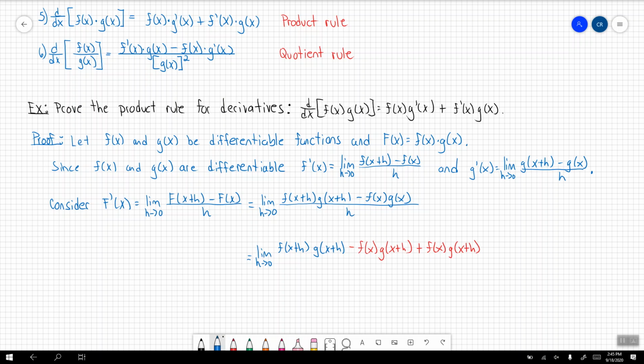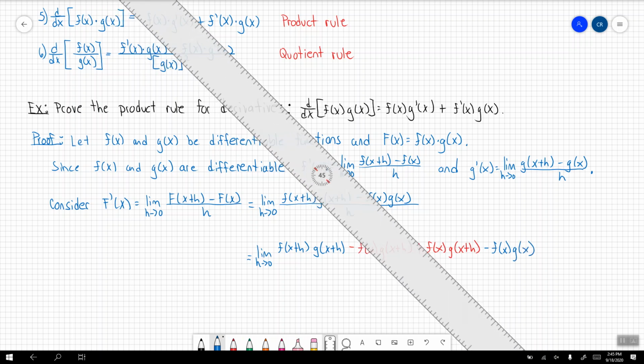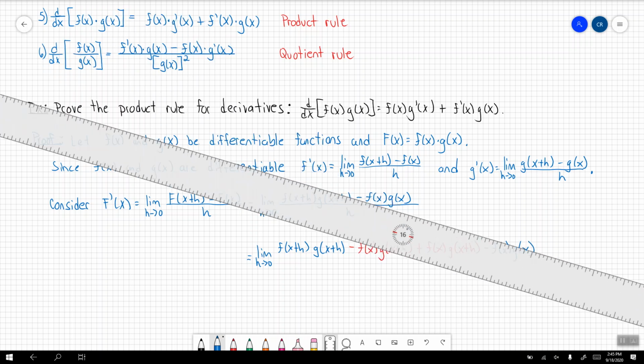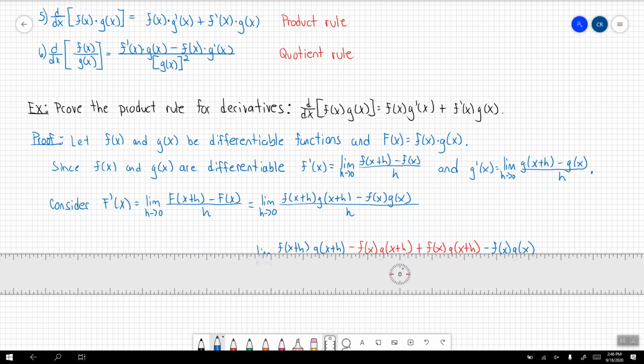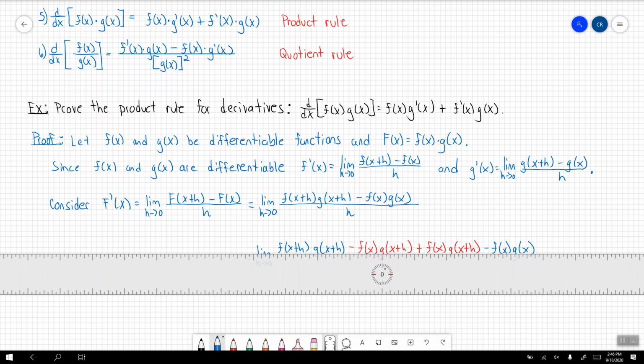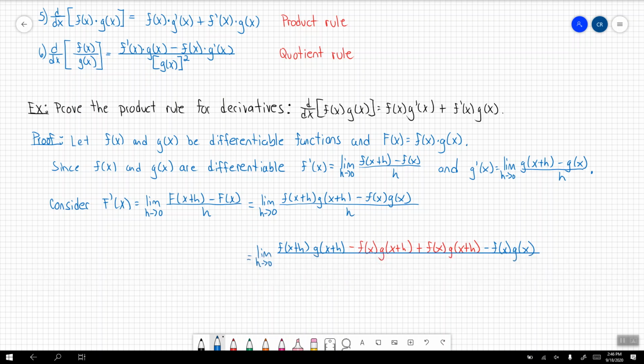And then I have my minus f of x times g of x. That's one big fraction. Wow. Pretty cool. Okay, great. All of this is still being divided by h.